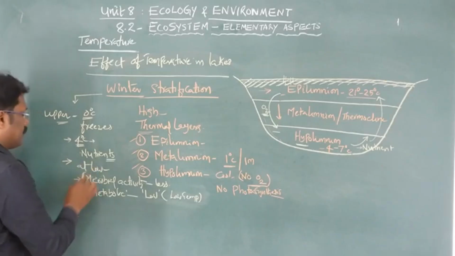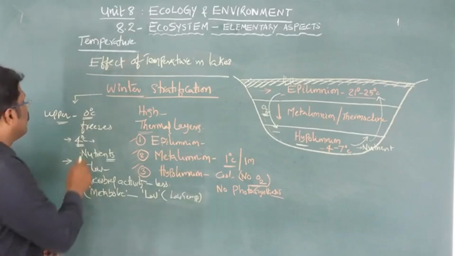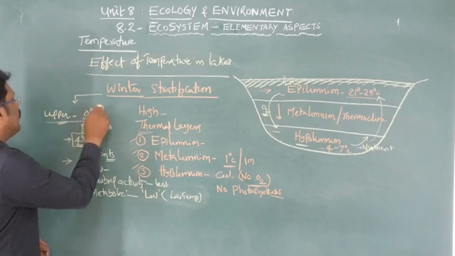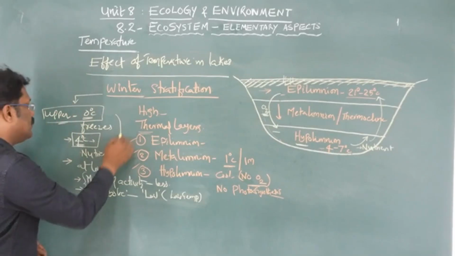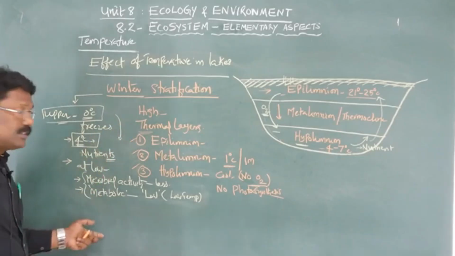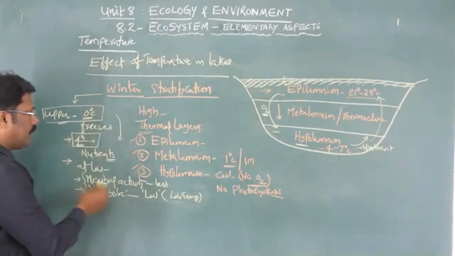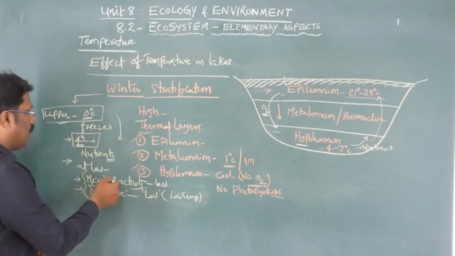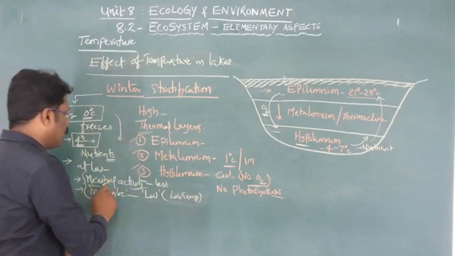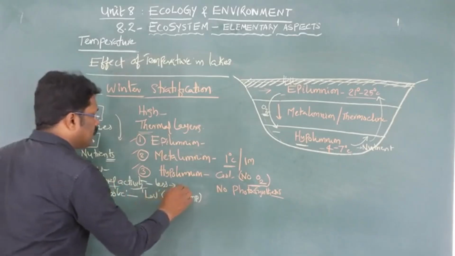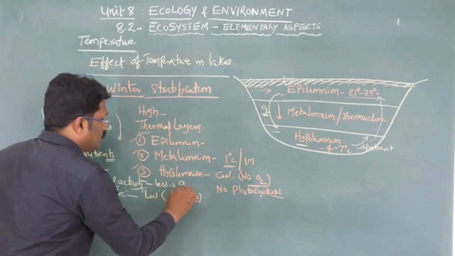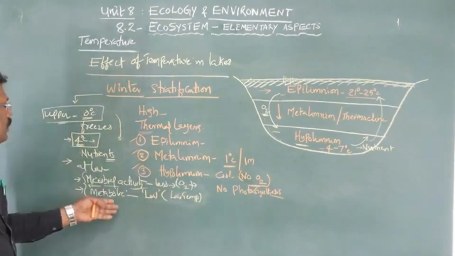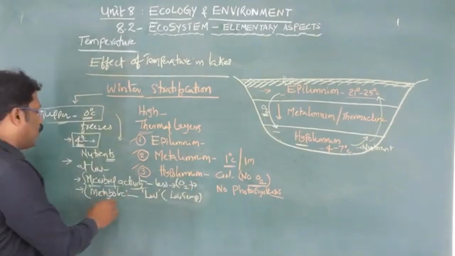For these reasons, even though the upper layer is frozen and there is no oxygen available to the lower regions, the aquatic animals can still survive because of the low microbial activity, so the oxygen will be consumed less, and this oxygen will be utilized by the aquatic animals.